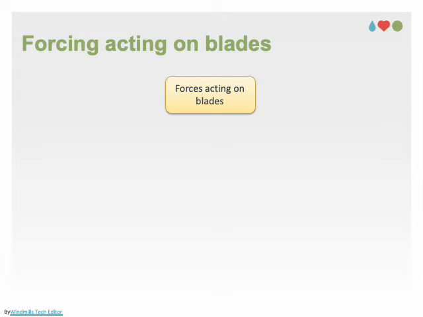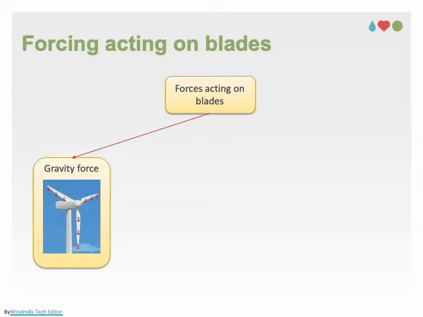Let's talk about forces acting on blades. There are four forces acting on blades of a horizontal axis wind turbine. Gravitational forces that act toward the Earth's center, causing variable effects on the rotating blade.